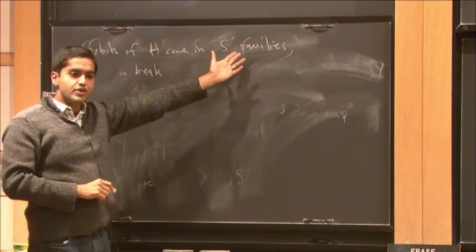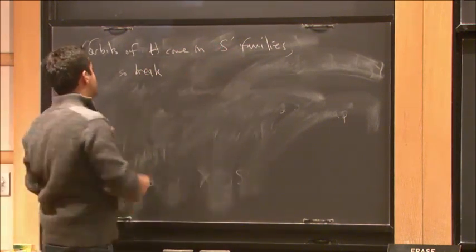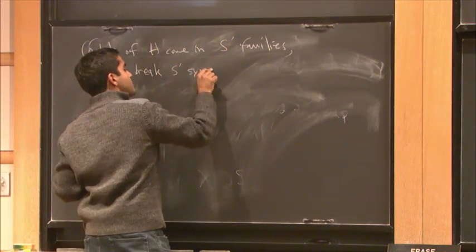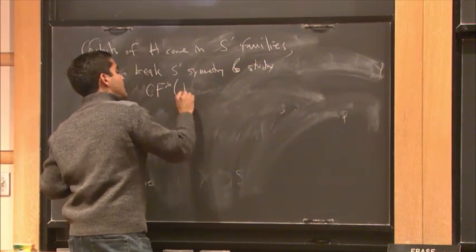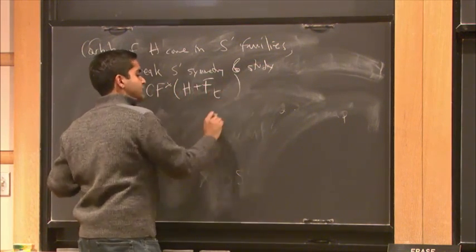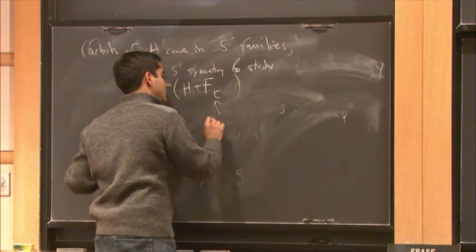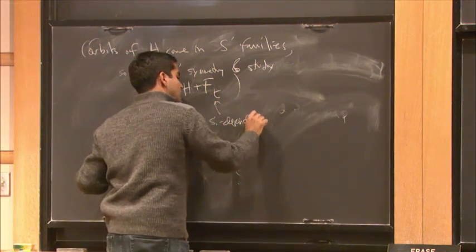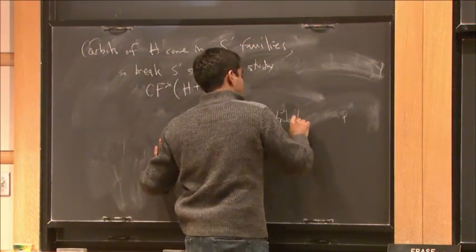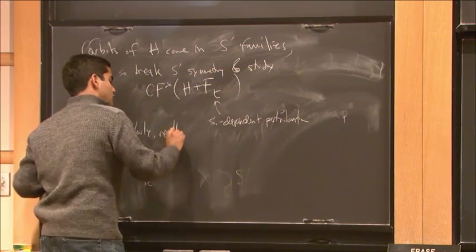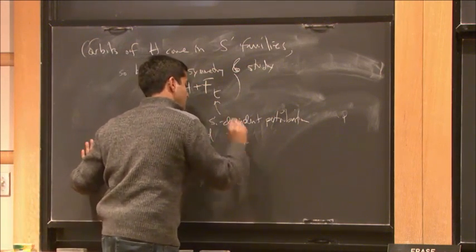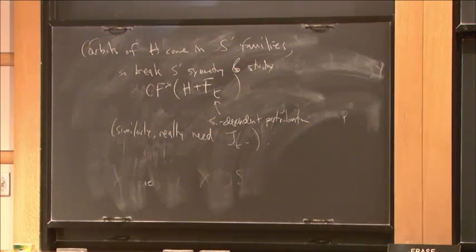Thus, orbits are degenerate. They're not isolated critical points, so we break S1 symmetry and study the Floer complex of H plus some S1 dependent perturbation. And similarly, we really need some S1 dependent almost complex structure. Okay, all of this is to say that we get a chain map, but it doesn't square to 0.